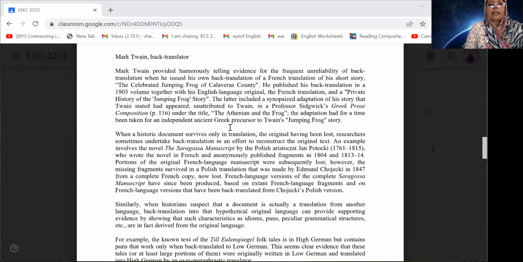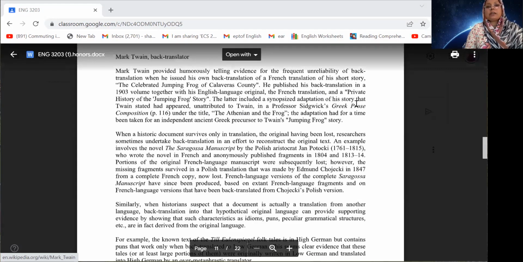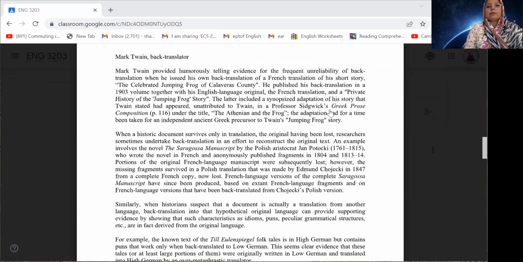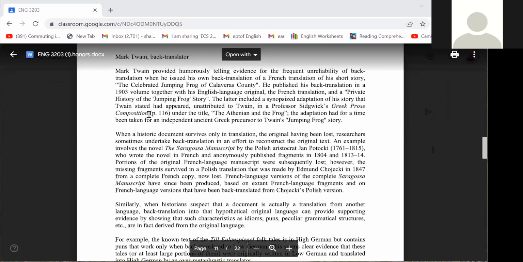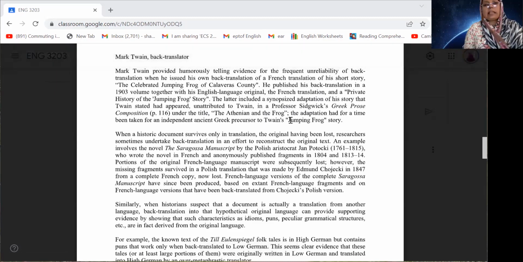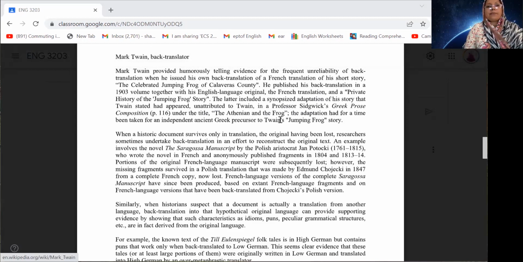It included adaptation. Adaptation means what? Adjustment. It included an adaptation of the story from Professor Sadwick's Greek prose composition under the title The Athenian and the Frog. The new name was in Greek, The Athenian and the Frog.